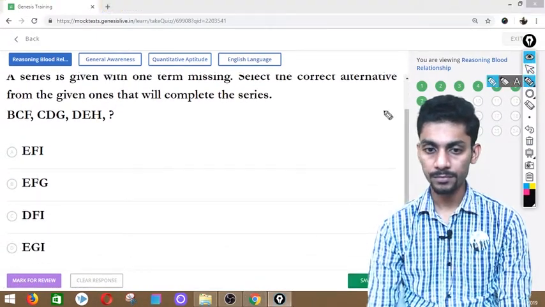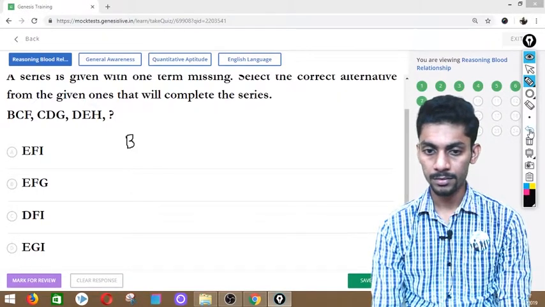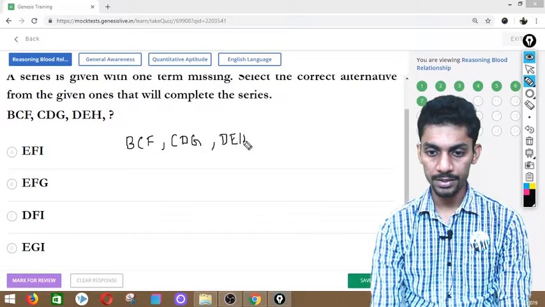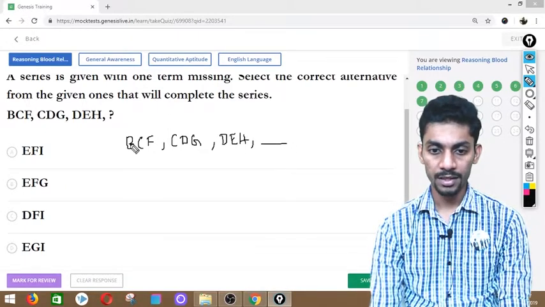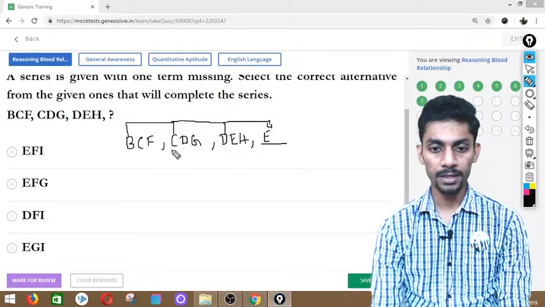Next one. B, C, F, C, D, G, D, E, H and dash. After B, C, D, next should be E, correct?